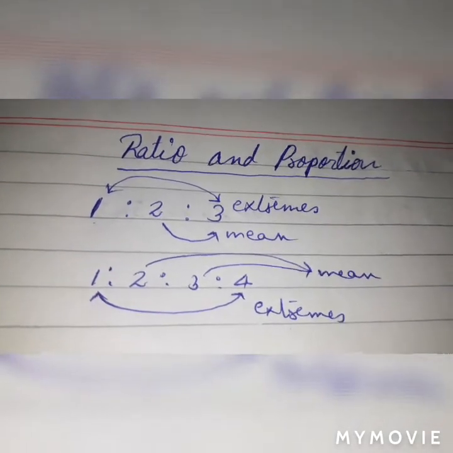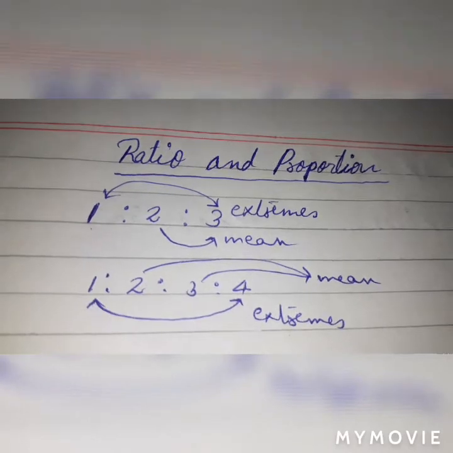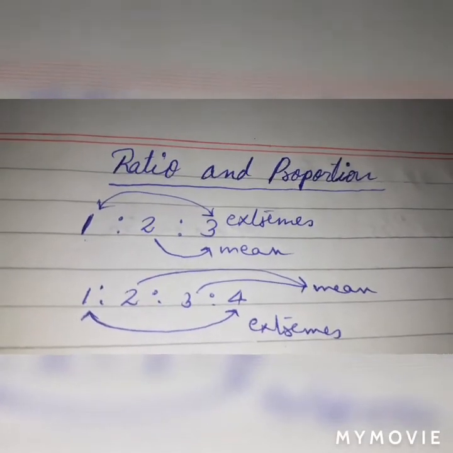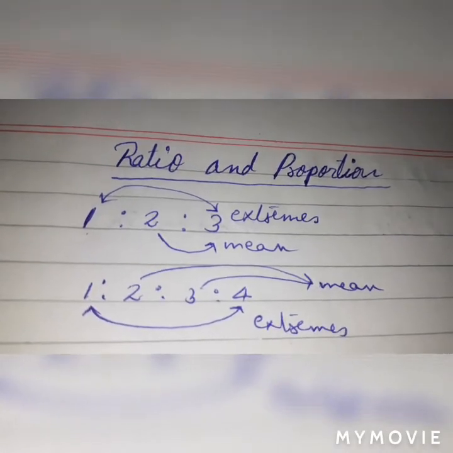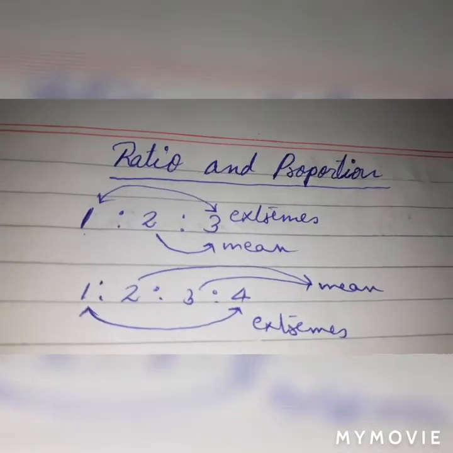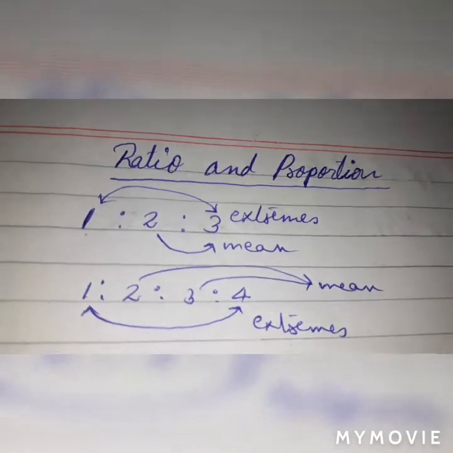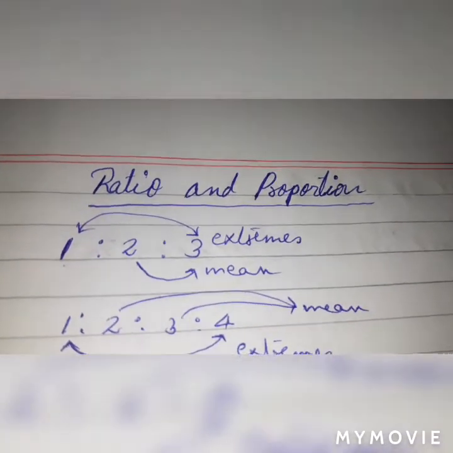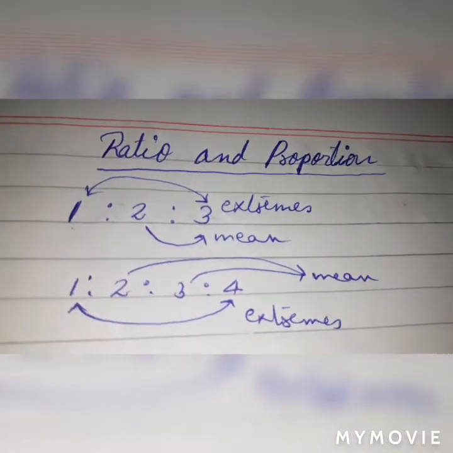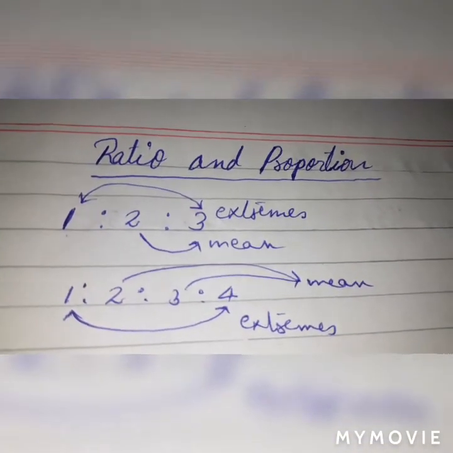Another proportion that I have considered as an example is 1:2:3:4. Here 1 and 4 are extremes and 2 and 3 are means. Now I hope the terms extremes and means are very clear to you all.